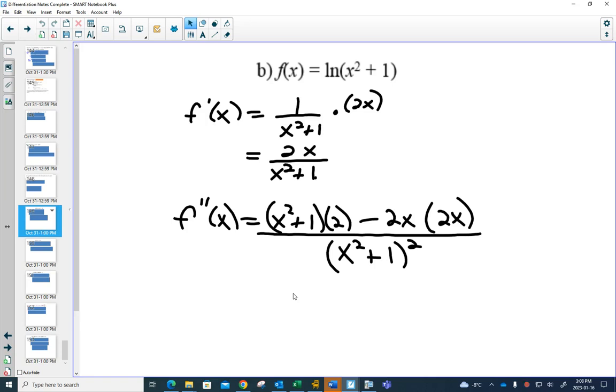And then for the second derivative, I had to use my quotient rule. Everybody good? Almost? Yes? No?